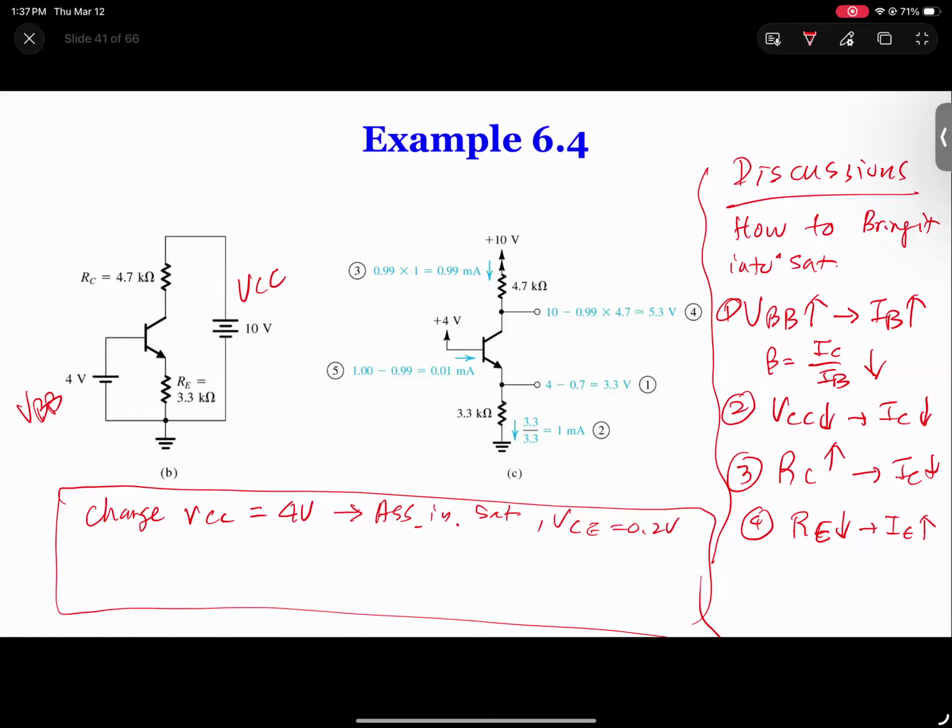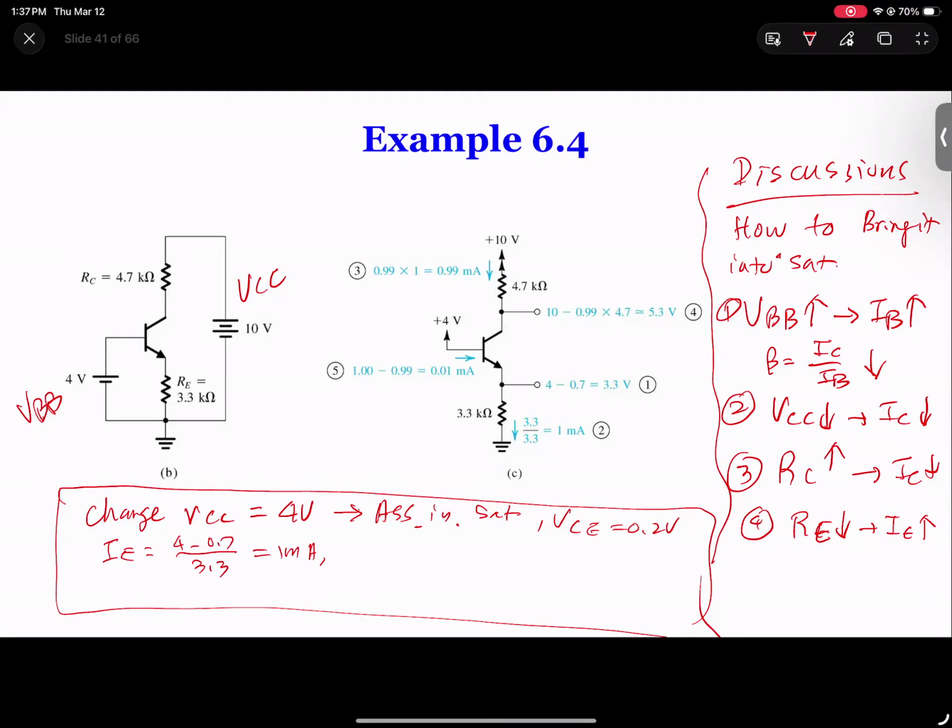If I have VCE 0.2, I'm going to calculate IC, but IB didn't change. I mean, IE didn't change, right? IE is still going to be 4 volts minus 0.7 divided by 3.3. That gives you 1 milliamp.